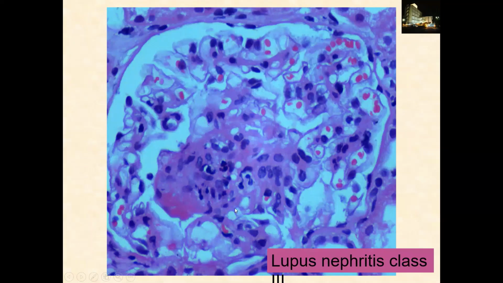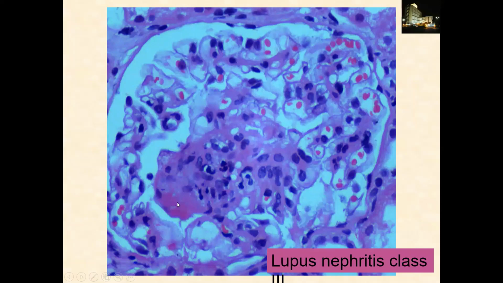But in this segment, it is markedly affected, with mesangial expansion and hypercellularity with an increased number of mesangial and endothelial cells, and endocapillary inflammatory cells with neutrophils here and here and here. And in this segment we have the severest lesion that could occur in a glomerulus, fibrinoid necrosis, which is a sort of vasculitis.